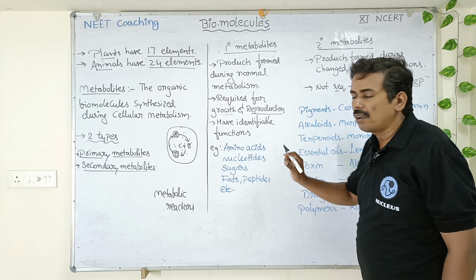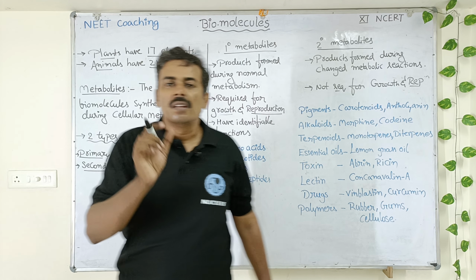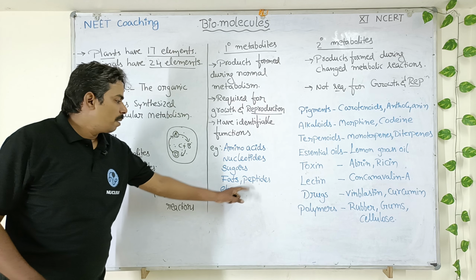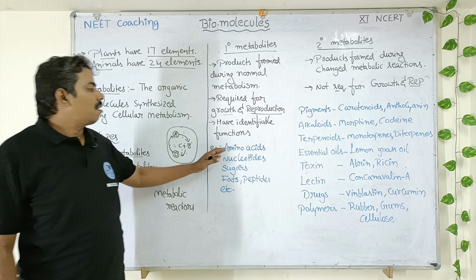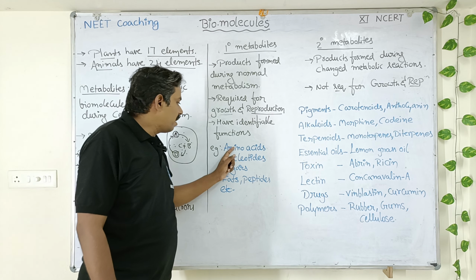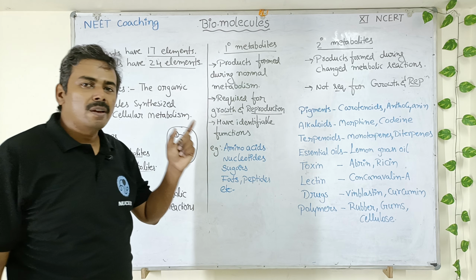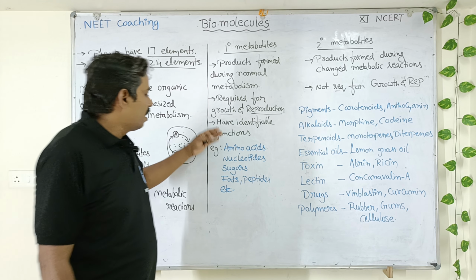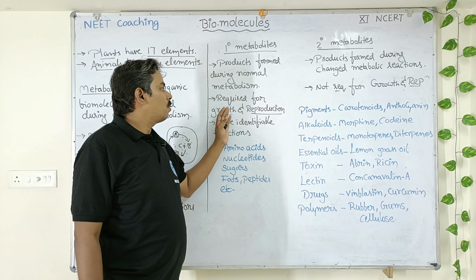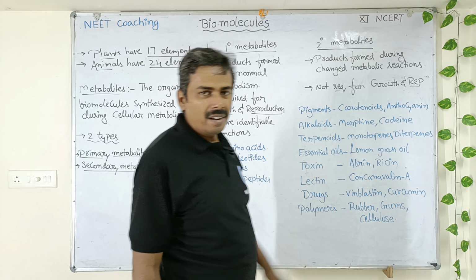These are small proteins. When proteins are chopped, then you get small units called peptides. Okay, so all these are considered as primary metabolites. Each and every molecule will have a specific identifiable function, and they will be directly participating in growth and reproduction of living organisms.